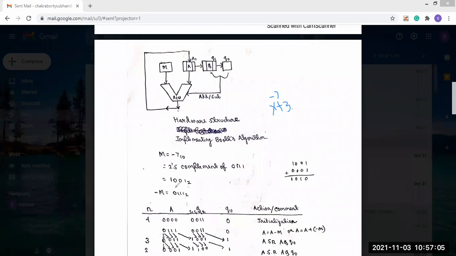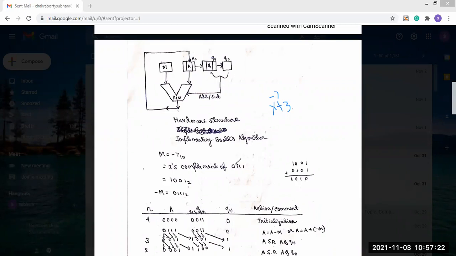So we perform the 2's complement of this m. m is -7, so we perform the 2's complement of +7.